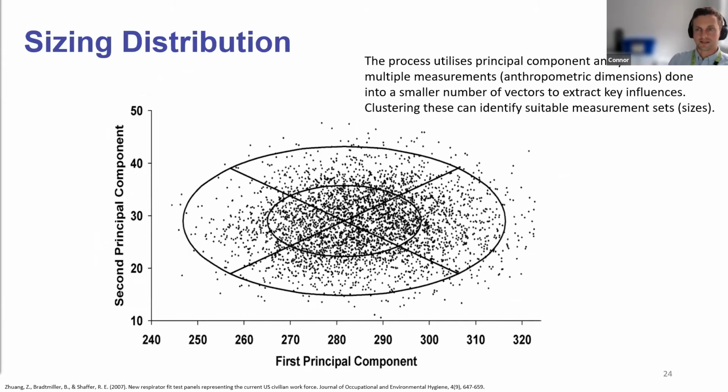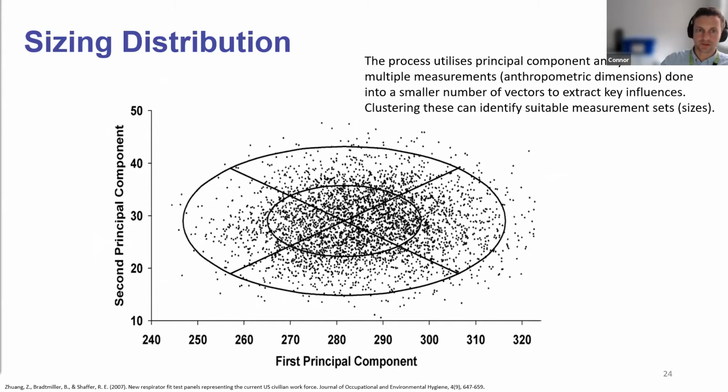Once you collect that data, you apply statistical methods to simplify all of these dimensions down until you've got two principal components. So you try to relate all these dimensions together such that you can graph all of those dimensions onto a single graph like this.